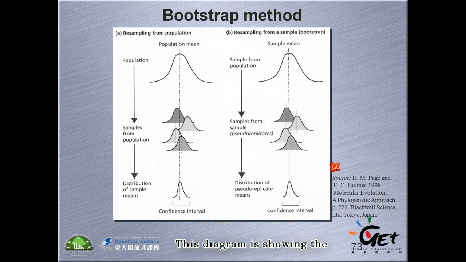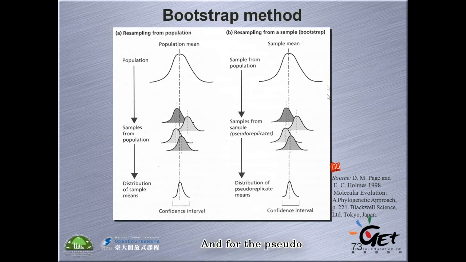This diagram shows the difference between the actual resampling from the population and the pseudo resampling process from the data we already have. On the left, that's the true resampling process. This is the population mean, and we can go back to the population and resample to get a confidence interval for the mean.